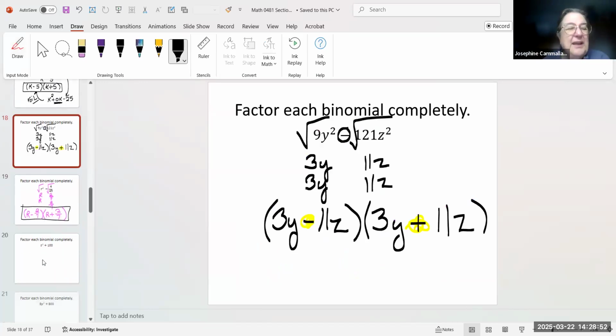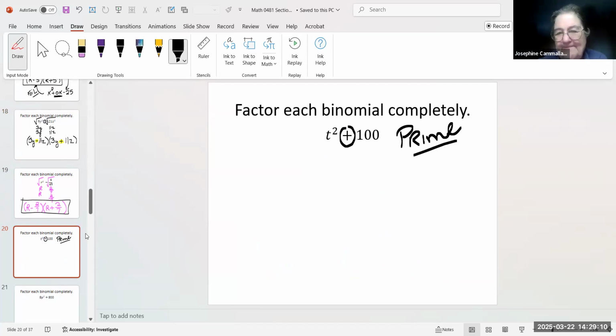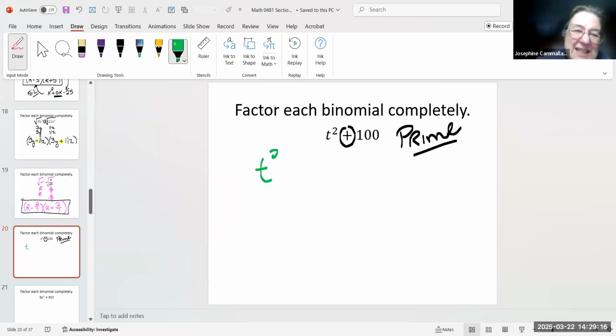Okay, now right here. See that plus? Now hopefully, without doing too much work, you know this is prime or not factorable. Because this is t squared plus blank, circle blank, plus 100.